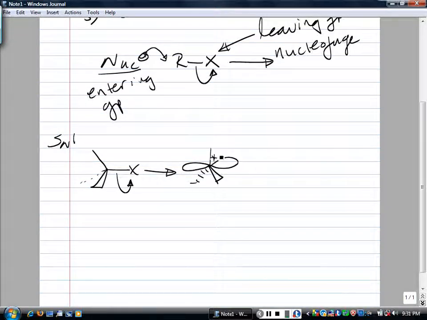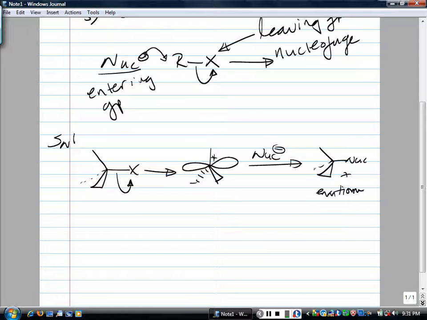And then the nucleophile attacks this species, and I'm going to write the nucleophile as being negative, and I'm only going to draw a single product. And of course we're aware that we can get both this one plus the enantiomer, assuming that these groups were all different. That's the SN1 reaction, and this is my rate determining step.